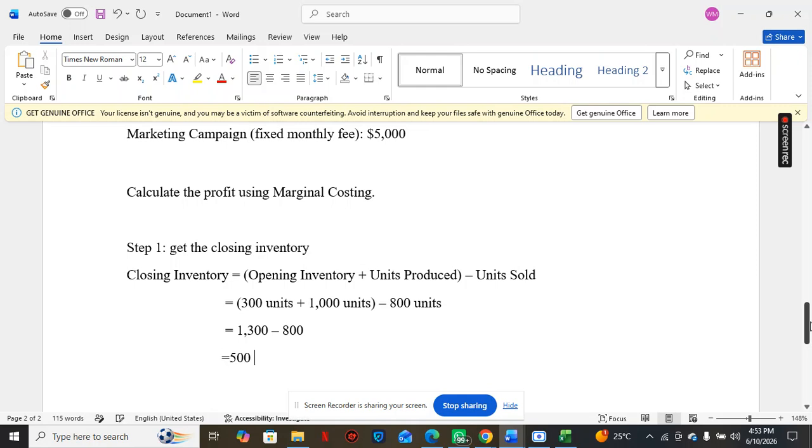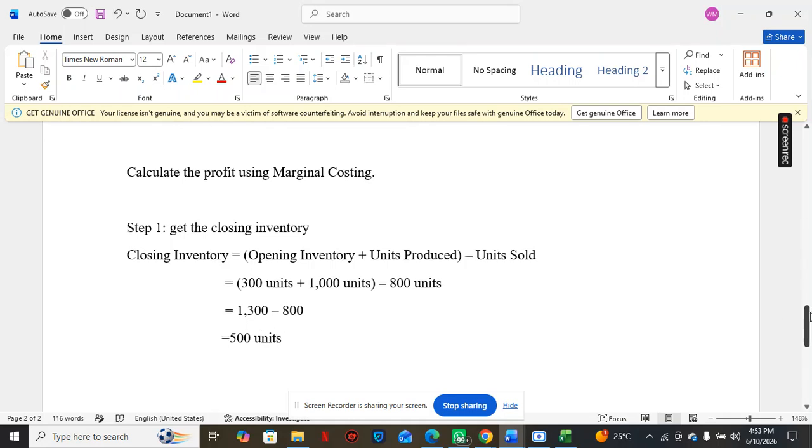That is the closing inventory. Any questions on that before we go to step two?